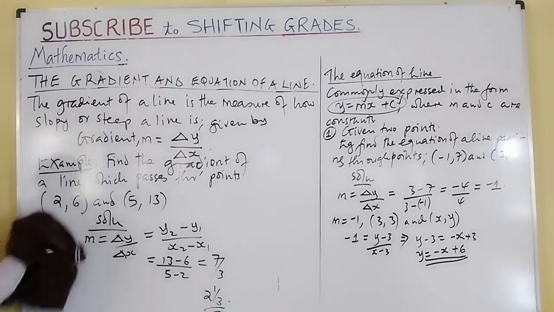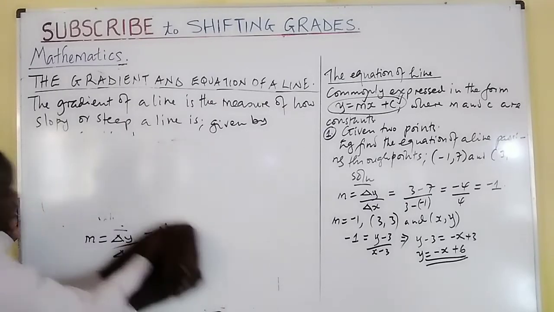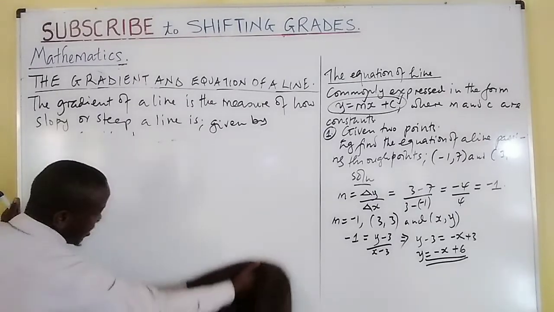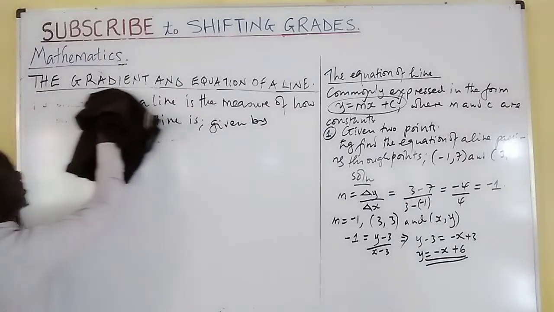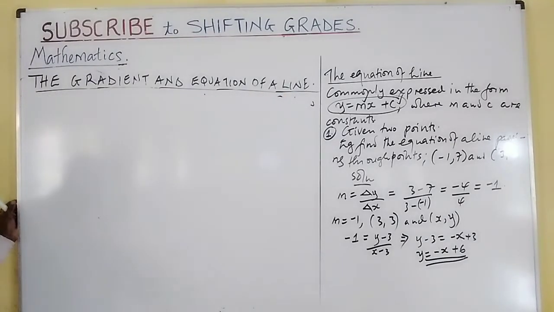We can also get the equation of a line when given the gradient and 1 point. This is similar.